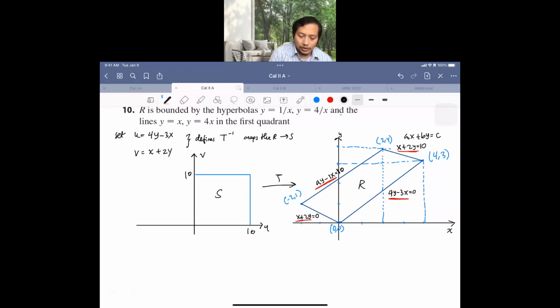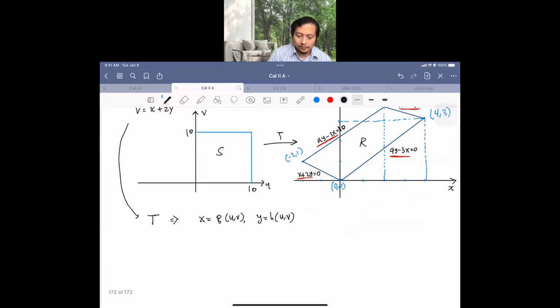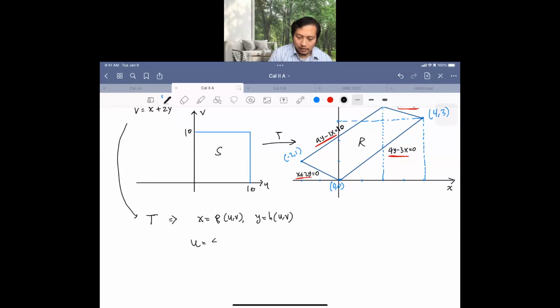And now we need to set up T, which means we need to work out our equations. So x is a function of two variables u, v, and y also a function of u, v. So take the 4y minus 3x as u, and v is x plus 2y.